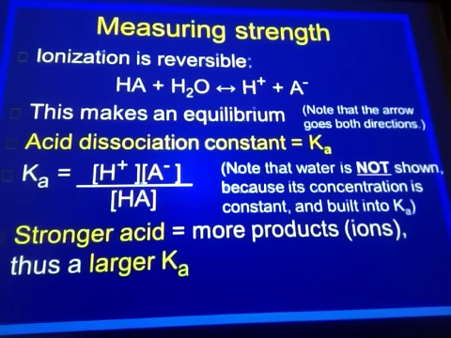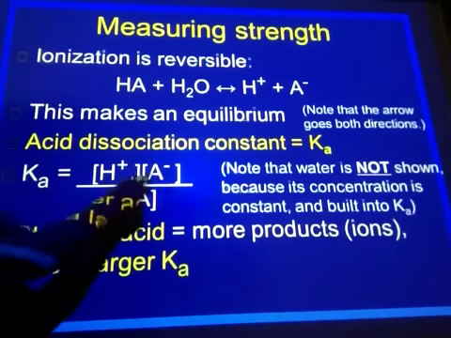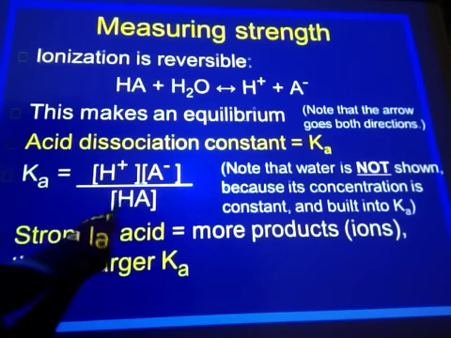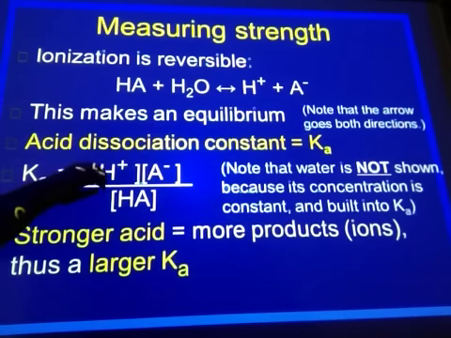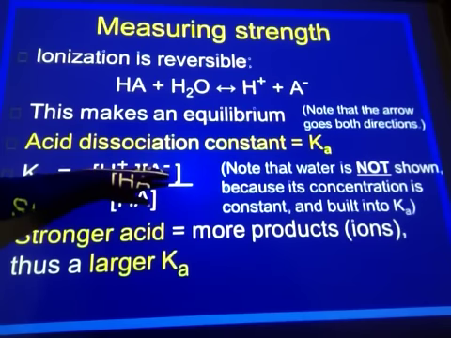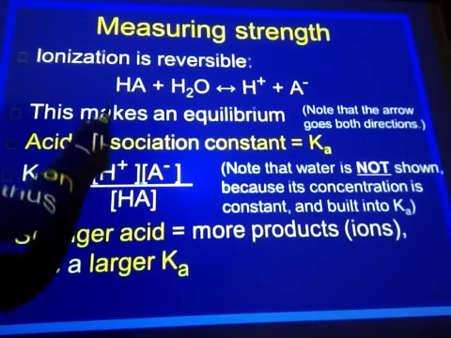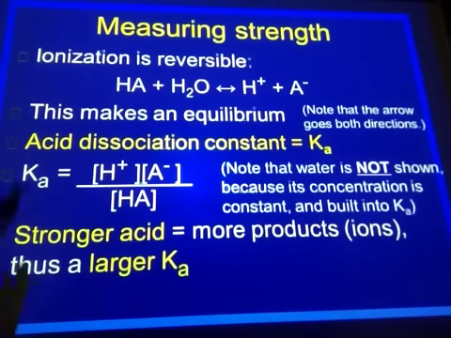So how do I write Ka? Ka is going to be equal to your products over your reactants. Now my products are hydrogen ion, and then I had my A minus ion, and then my reactant was HA. Well, why didn't I have to use water in this? Because technically it's all happening in water.